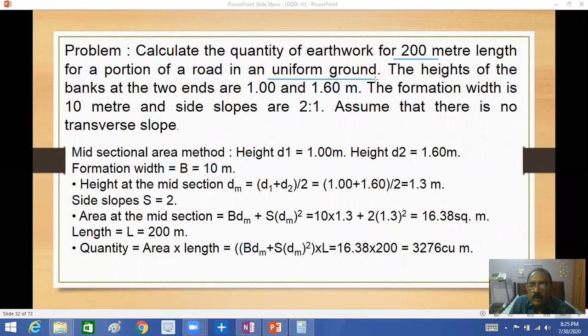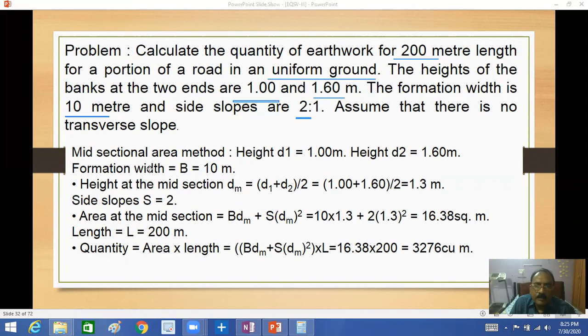The heights of the banks at the two ends are D1 equal to 1 meter and D2 equal to 1.6 meters. The formation width B is 10 meters. Side slopes are 2:1, which means S equal to 2. There is no transverse slope.